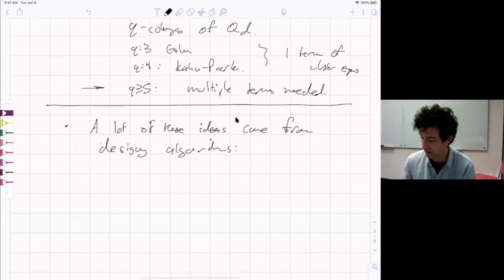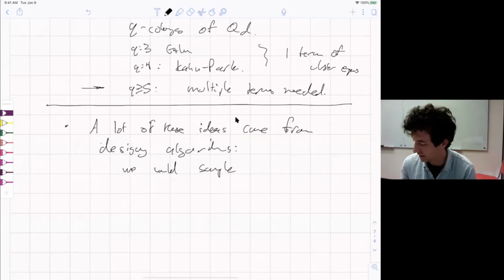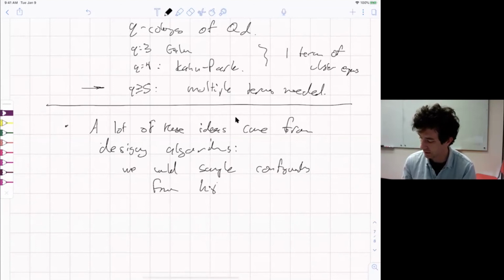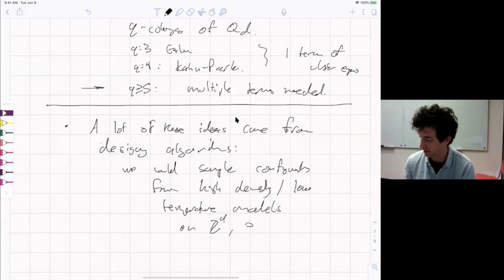So we wanted to, let's say, sample the configurations from high density or low temperature models, either on Z^d, on expanders, and so on.